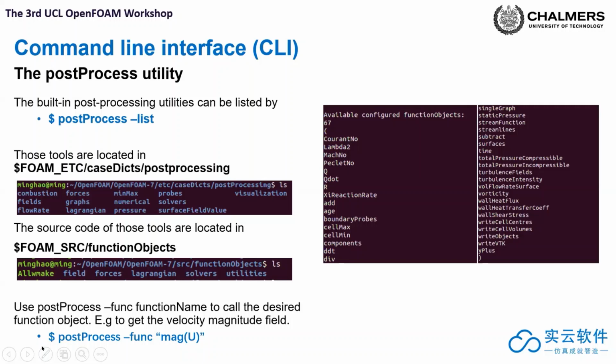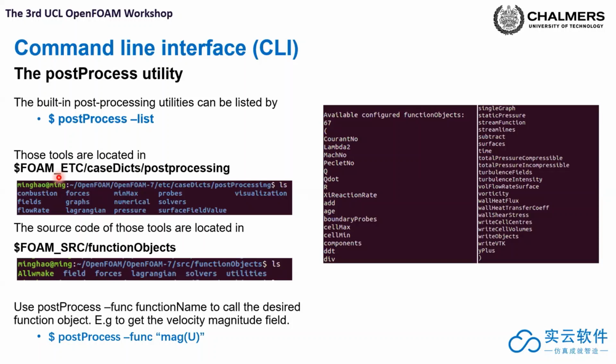So if I list that one, it has different groups like fields, forces, graphs, minMax, and probes. And these are like predefined configuration files. So in the following slides, we will show how to use them. And the source code of these function objects is in the foam src and then functionObjects directory.